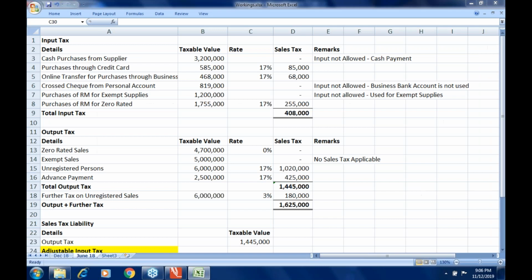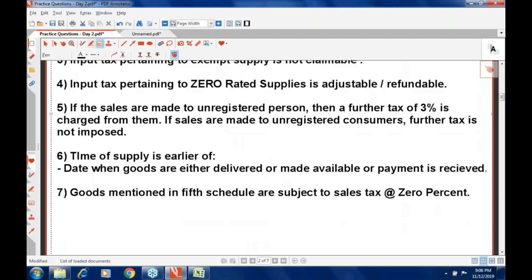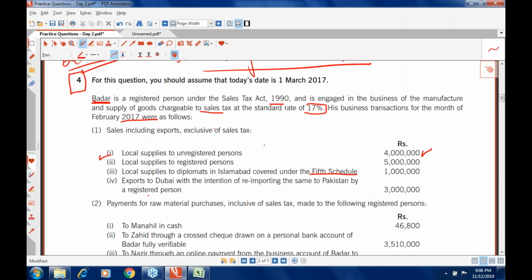Now, what next is there? The next situation is exports to Dubai with an intention of re-importing the same to Pakistan by a registered person.